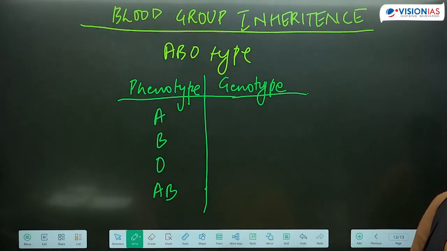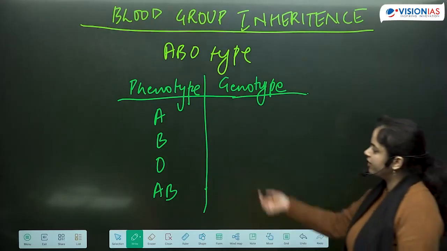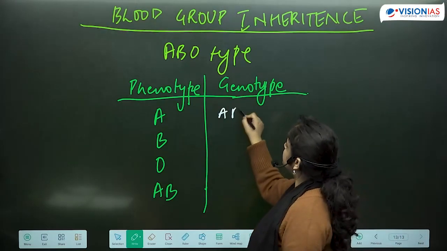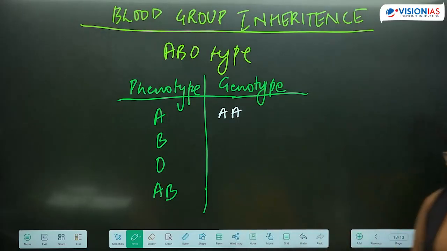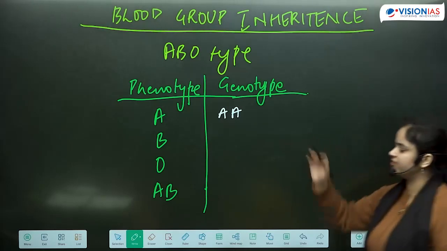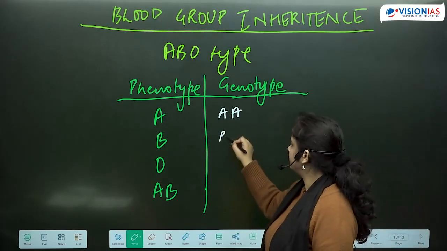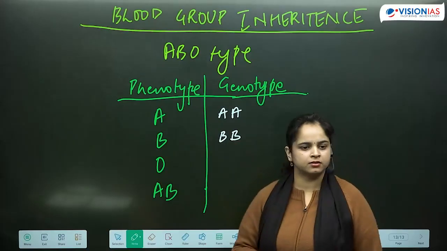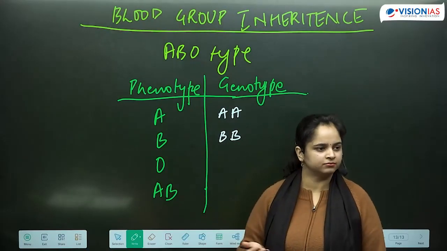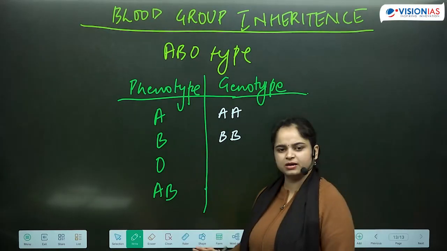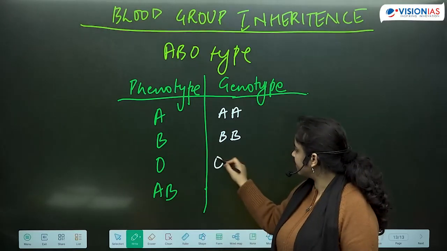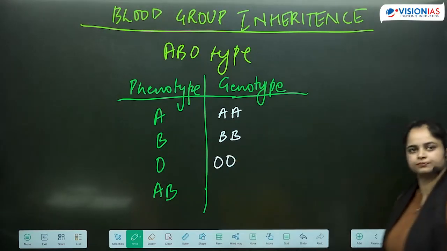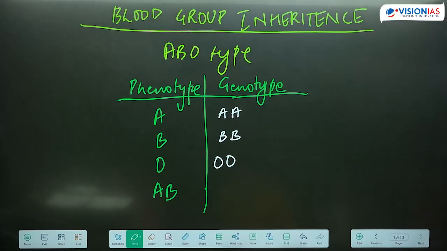Just like for green color, we represented it as G and G. For A blood group, we are saying the genotype or the gene combination is A and A. We are calling the gene A. So A and A will give you A blood group. Similarly, we are saying the B blood group gene is B. So B and B will give you B blood group. For O we are saying the gene is O. So O and O will give us O blood group.